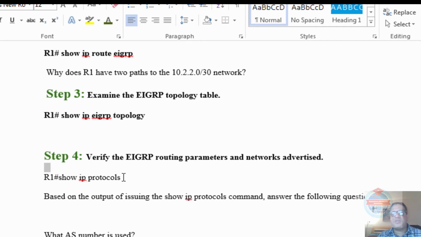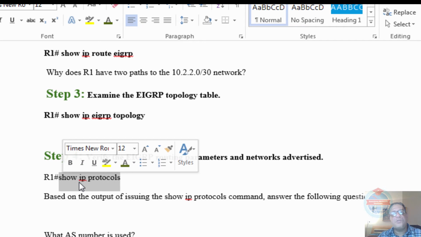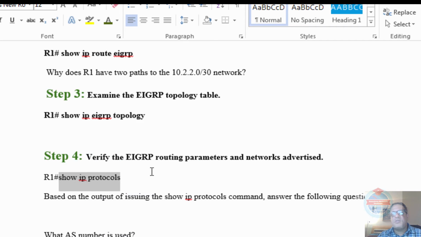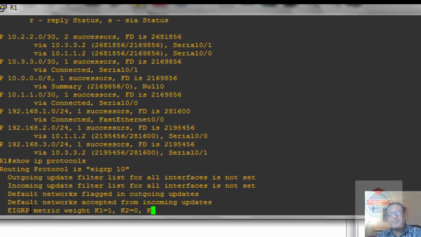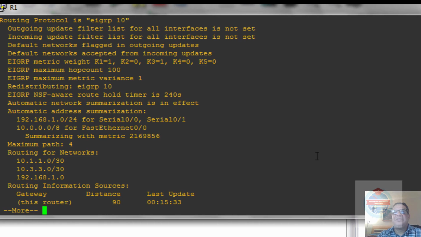So in the next step, we are going to verify the EIGRP routing parameters and network advertise. What is it? Okay, let's double check what they're talking about. So, what do we see over here, guys? We see the first value, which is by default the bandwidth.